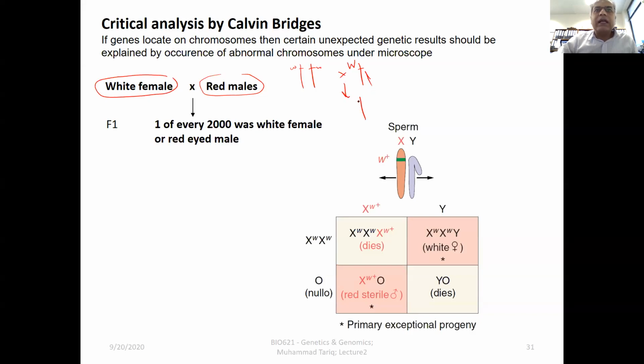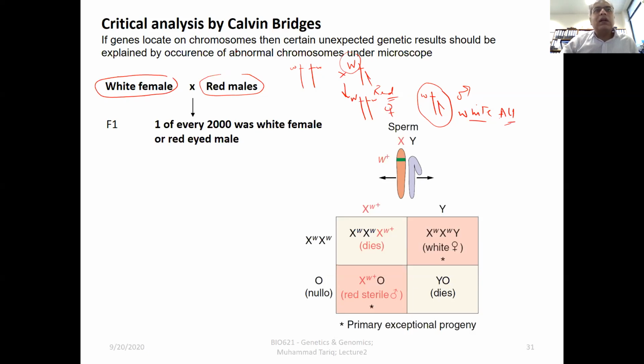What you should get is all females red and all males white, because this Y chromosome will combine with either of these two alleles, and the resultant male will be white-eyed. And this X chromosome, when it combines with either of these two gametes, will give you heterozygous, but since white is recessive, you will get red females, all red, and here all males white.